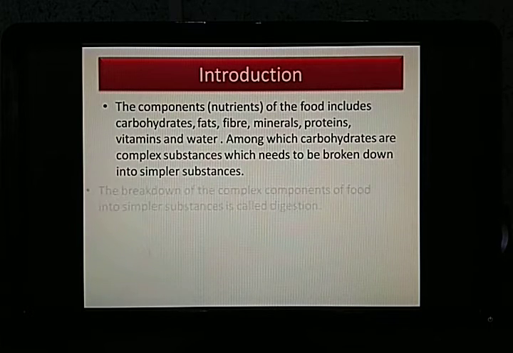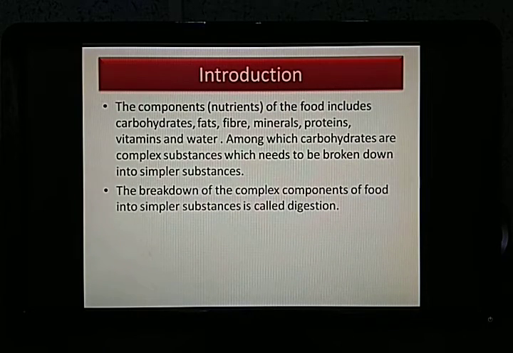Now the breakdown of the complex components of food, that is the carbohydrates, into simpler substances is called digestion. We all know that as soon as we take the food, it is not directly utilized by the body. For utilization by the body, it has to be broken down into simple substances which can be later taken up by the body. And that process is called digestion.